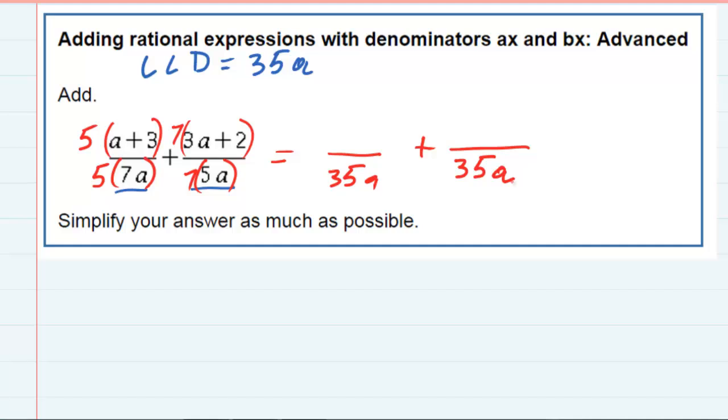So we really just need to multiply the tops in order to figure out what the new terms are. Now I put those parentheses in there to show that I have to multiply each term in the numerator by that number on the outside.